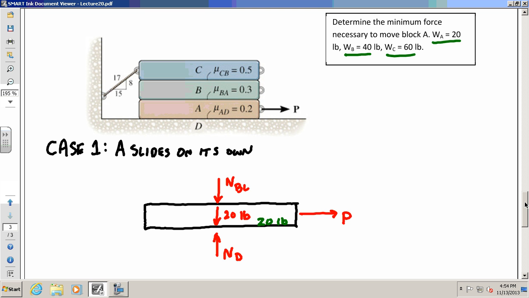Now, in this case, A slides out on its own. A is sliding relative to D, but it's also sliding relative to B as well. See that? So everybody probably sees this and says, oh yeah, there's a friction force, and I'm going to call it FD. But don't you also see there's a friction force on top? I'm going to call it FB.